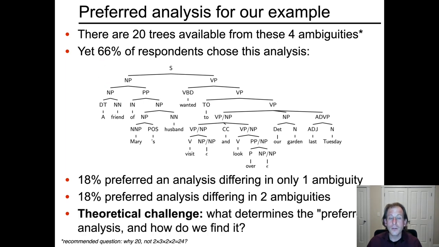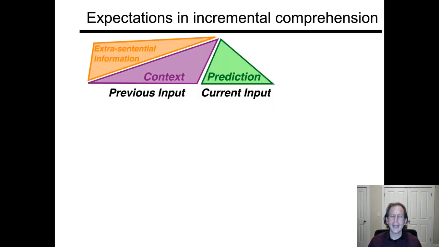So there's a theoretical challenge that is raised by this, which is the question of what determines the preferred analysis, and how do we as native speakers even get to the preferred analysis if all of these options are available at once. And I want to also frame this not just in the problem of ambiguity, but a similar kind of problem arises about prediction.